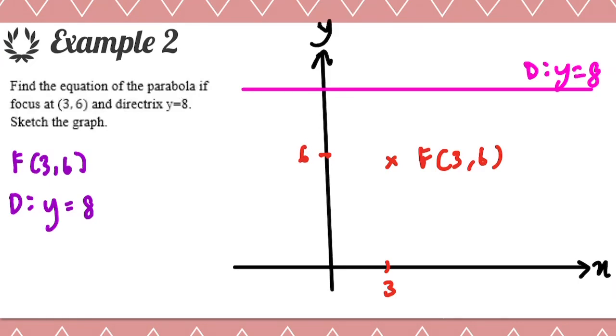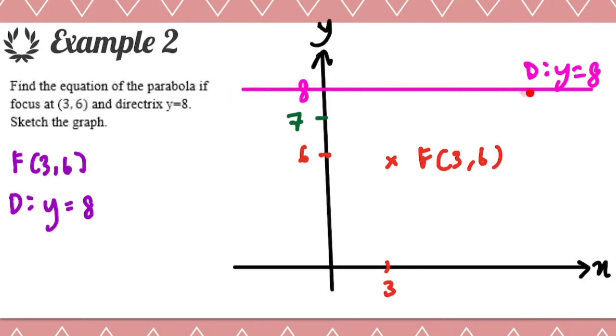This is your directrix, y = 8. Between the focus and the directrix line, we should have the vertex in the middle. If this is 6 and this is 8, the middle point should be 7.